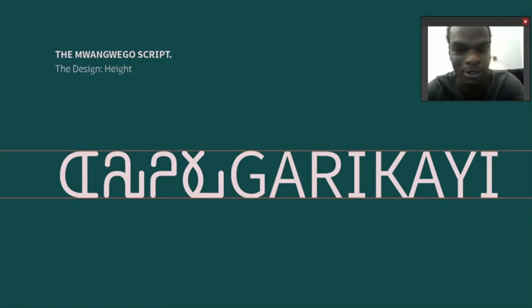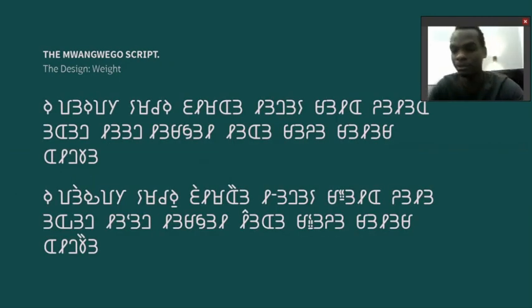I had to take a whole new approach. So I had to work with the baseline and cap height only, and another height for the diacritics to make space for them. That's one of the major differences from what I'm used to.